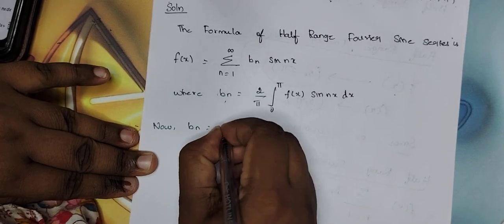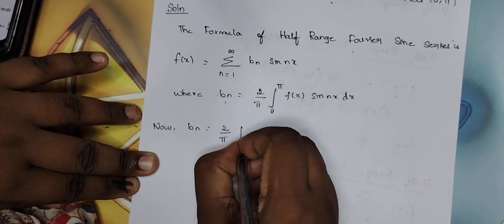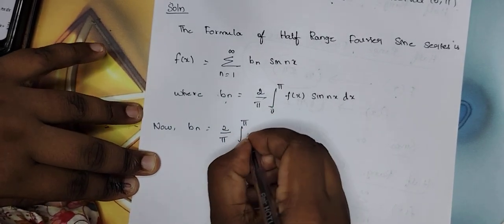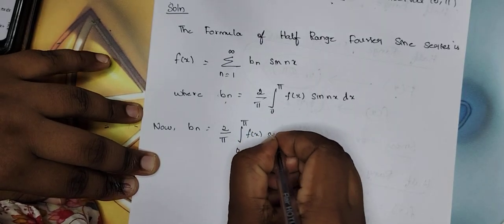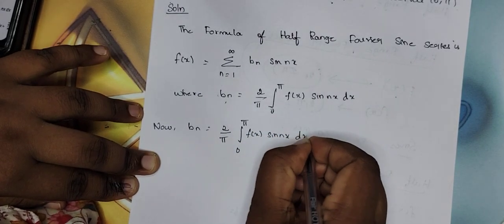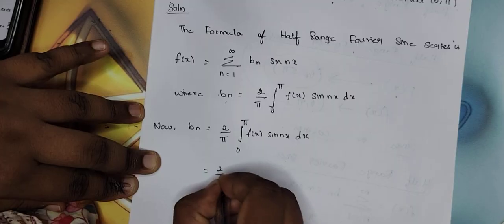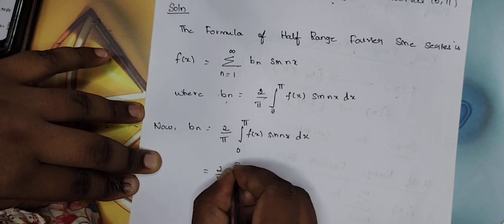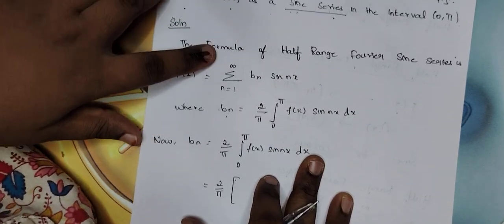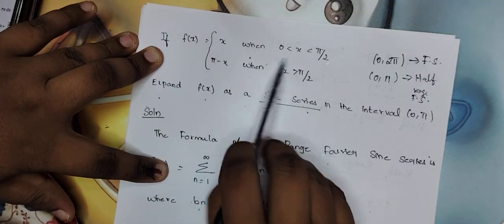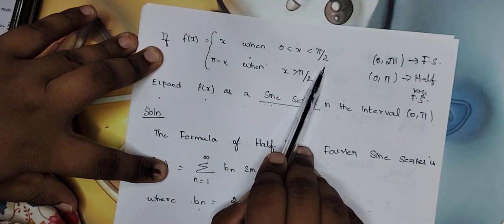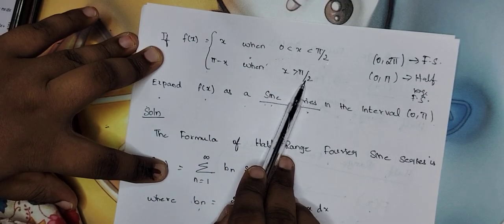So bn is equal to, according to the formula, 2 by pi integral 0 to pi f of x sin nx dx. According to my given problem, the limits are 0 to pi by 2 and the other is pi by 2 to pi.